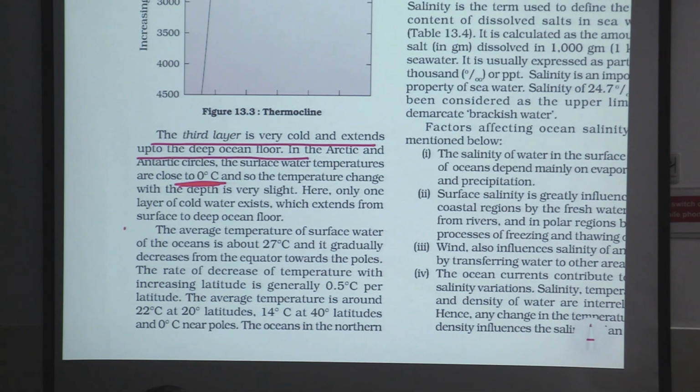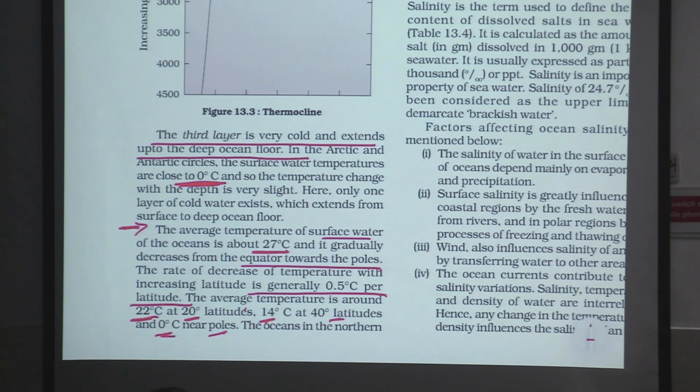Then the factual things are there. The average temperature of the surface water of the ocean is 27. It gradually decreases from the equator towards the pole, and the rate of decrease of temperature with increasing latitude is generally 0.5 degrees Celsius per latitude. However, we need to understand that it will vary, so the variation is being given. The average temperature is around 22 degrees Celsius at 20 degrees latitude, 14 at 40 and 0 at the poles.